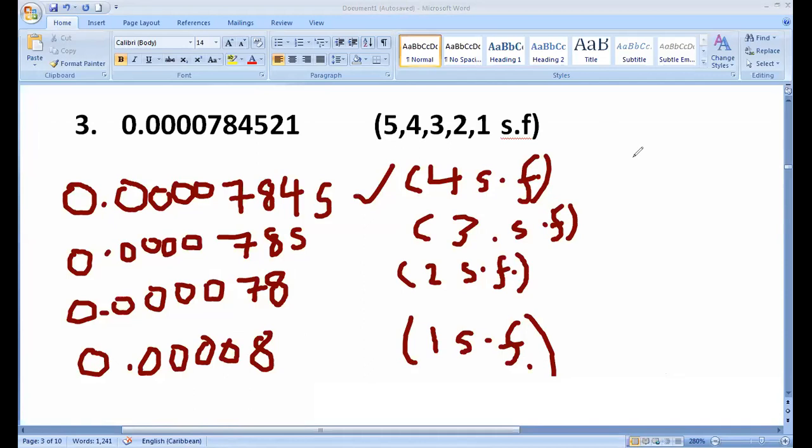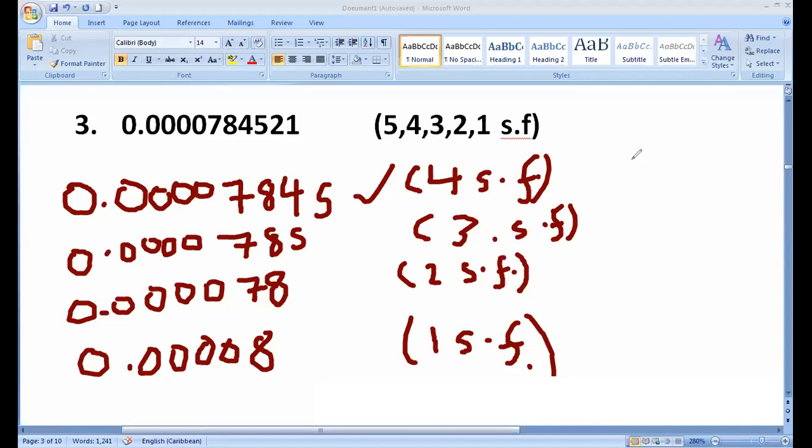Quick question. The one with the 7, 8. I didn't catch that. Why wasn't it rounded off? Somebody want to answer that? Because the 4 is less than 5, so the 8 remains the same.